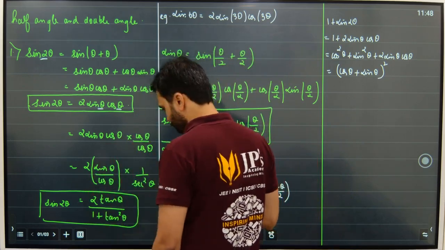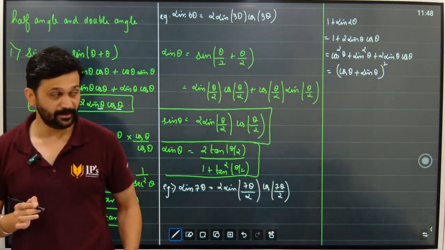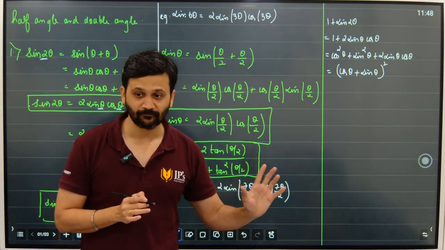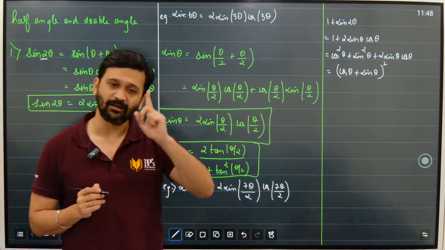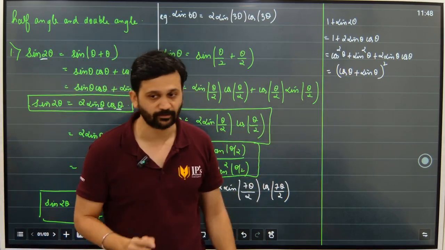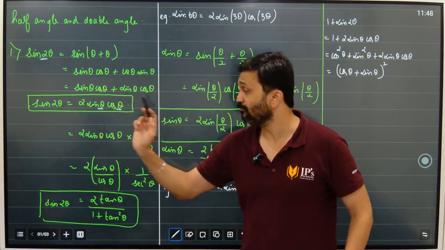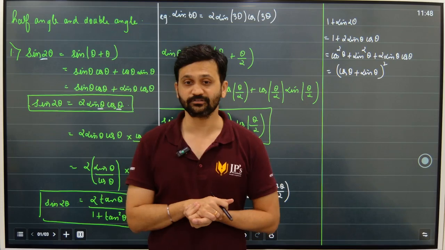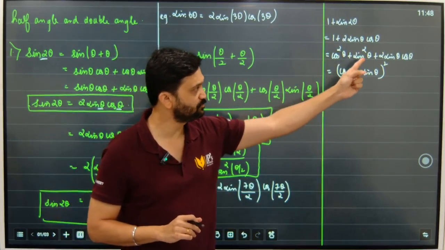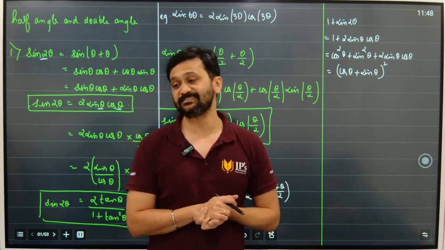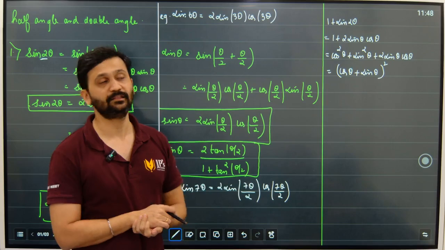So we know that 1 plus sin 2 theta, we just derived this. The formula for 1 we know, cos square theta plus sin square theta. The formula for sin 2 theta we know, 2 sin theta cos theta. And if I combine them, it became a square plus b square plus 2ab, which is nothing but a plus b the whole square.